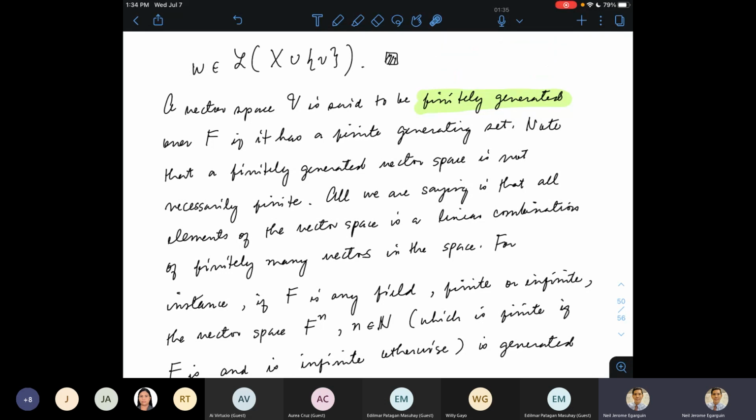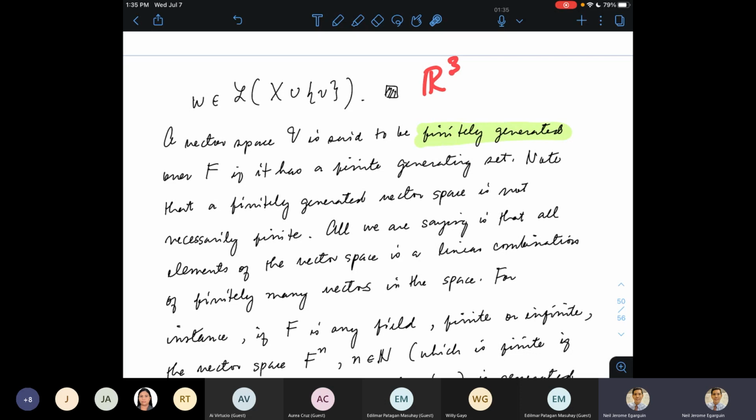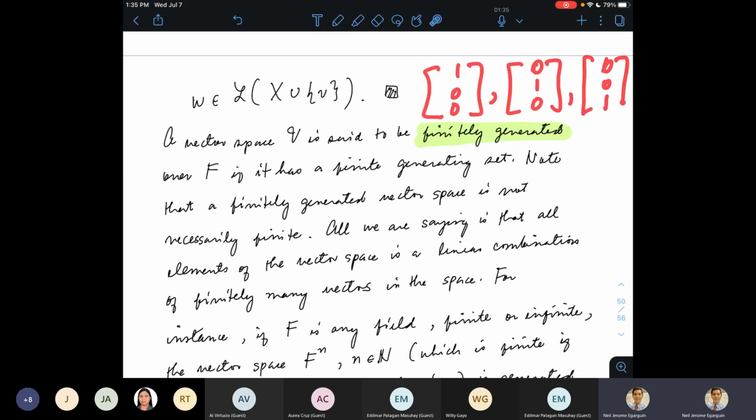But there are infinite vector spaces that are finitely generated. For instance, R3. R3 is an infinite vector space, right? Because you can define infinitely many triples of real numbers. But R3 is generated by (1, 0, 0), (0, 1, 0), and (0, 0, 1), right?